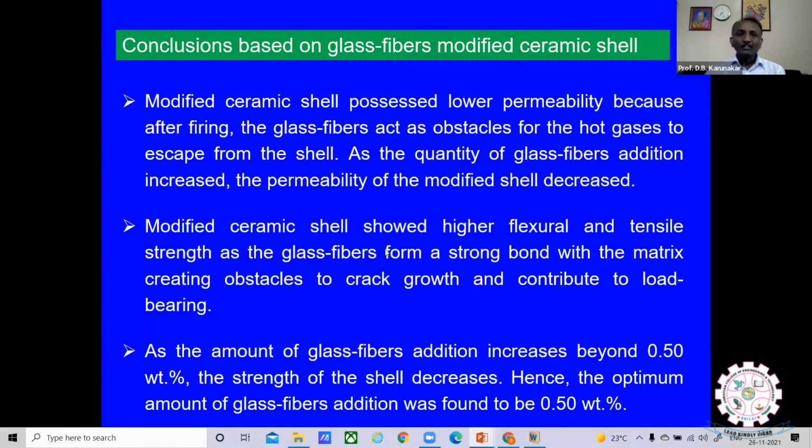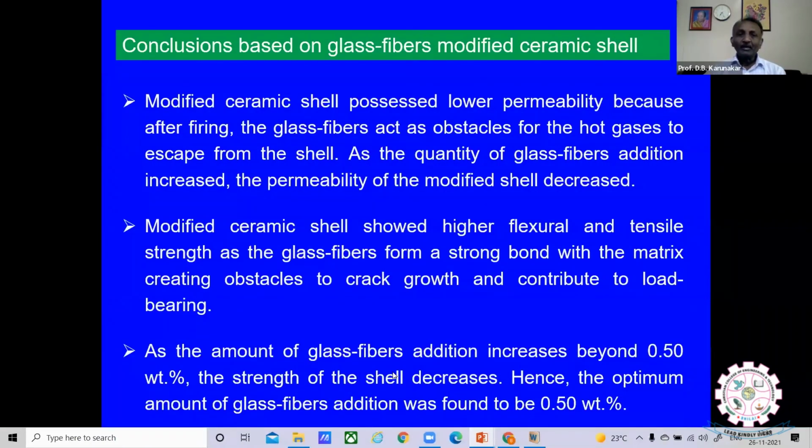Next one, the modified ceramic shell showed higher flexural strength and tensile strength, as the glass fibers form a strong bond to the matrix, creating obstacles to crack growth and contributing to load bearing. As we increase the glass fiber addition up to 0.5%, the flexural strength and tensile strength increased, and the fibers created obstacles to crack growth.